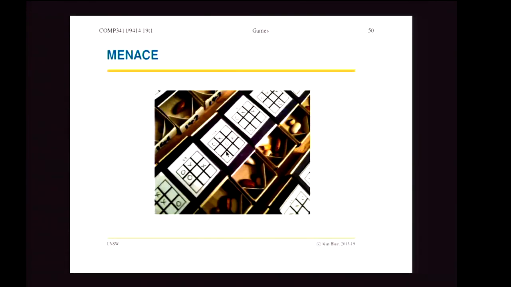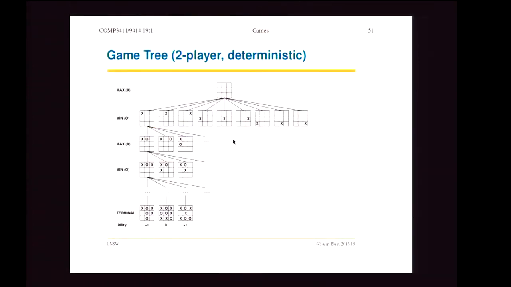So he had one matchbox for every possible position, and he had beads in different shapes and colours corresponding to the 9 different moves. And so the way his engine worked was as follows.